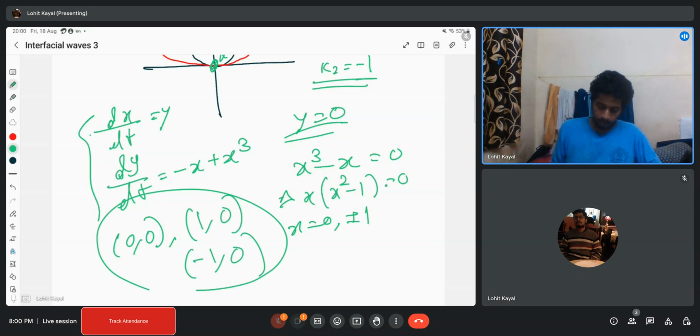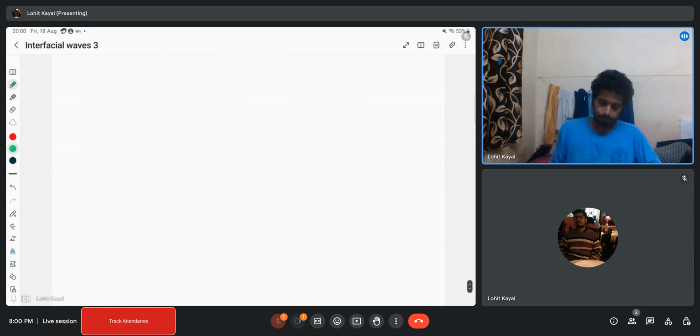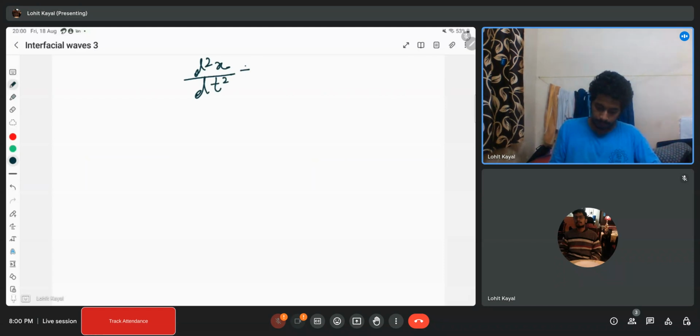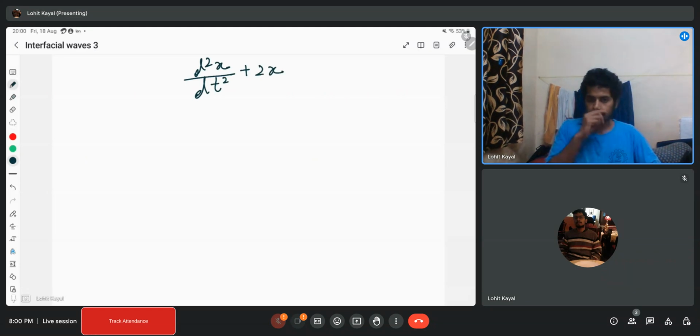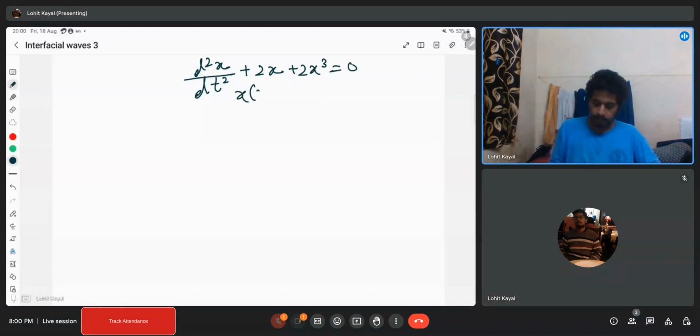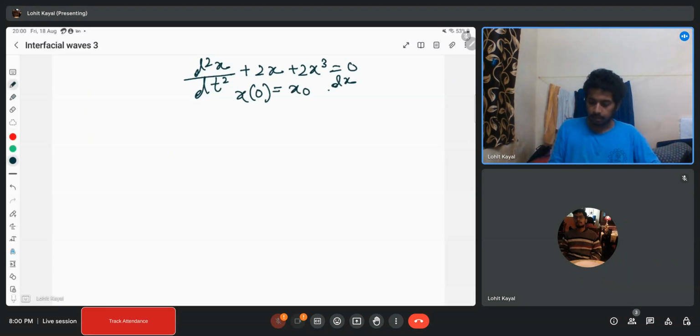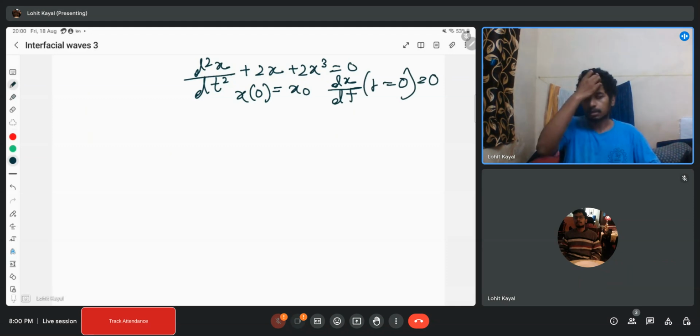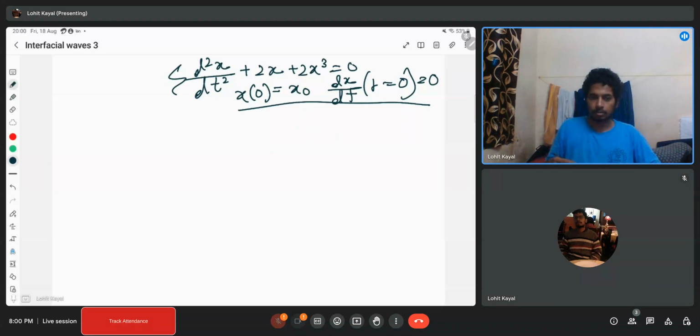Now we can do the last big problem. You're given this equation d2x dt square plus 2x plus 2x cube equal to 0, with x at 0 equal to x naught, and dx dt at t equal to 0 equal to 0. So this is the governing equation, and this is the initial condition.